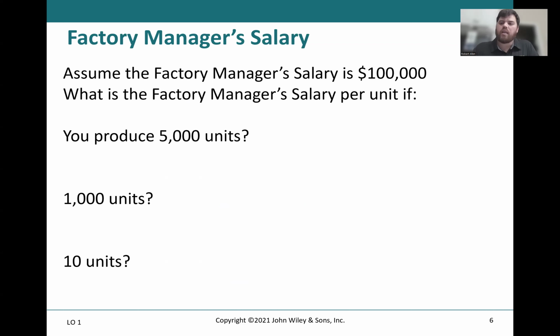Well, a manager's salary is fixed, meaning it does not matter what the production level is, the salary will be the same. Other good examples of this might be depreciation under certain methods. It might be factory rent or insurance. There's plenty of costs that are fixed, and it doesn't matter if you produce 1 unit or 10,000 units, right? As long as you're in that range, then you're not going to have any issues with the total.